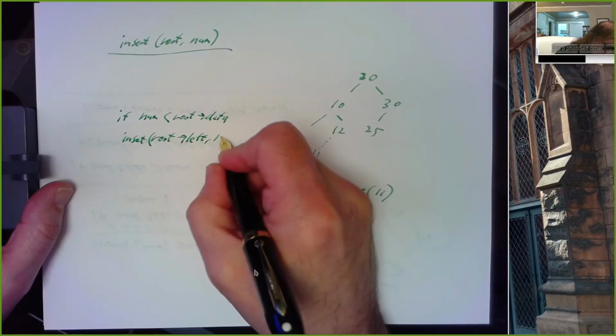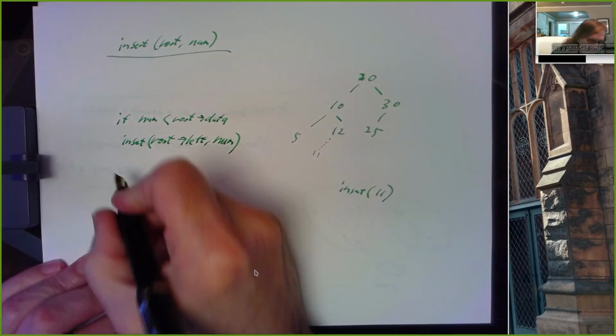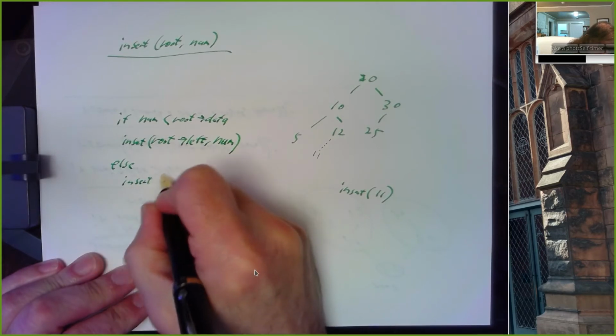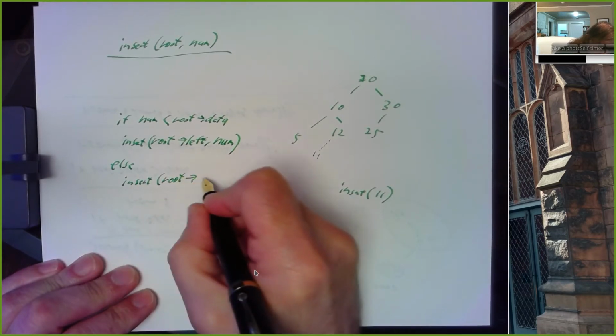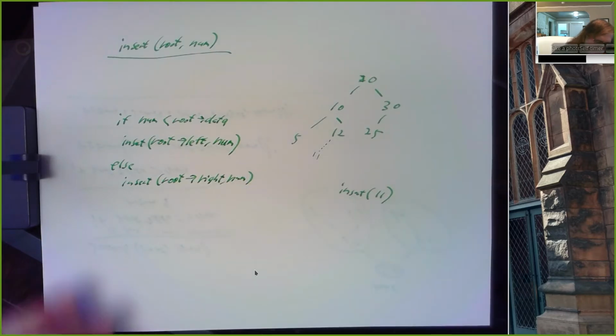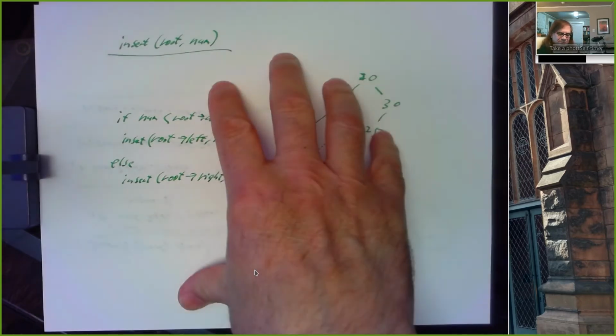Insert your number into the left subtree. Else, insert your number into the right subtree. Okay, that's the gist of it.